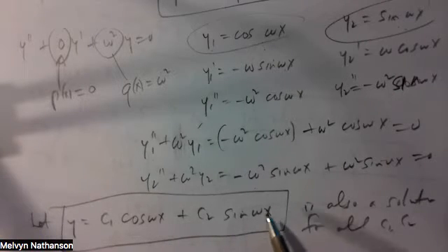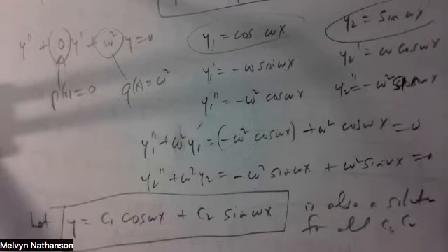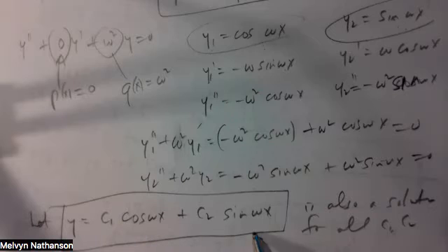In fact, it turns out this is the general solution, but we haven't proved that yet. That is, it turns out that every solution of this differential equation is this kind of linear combination of cosine omega x and sine omega x.